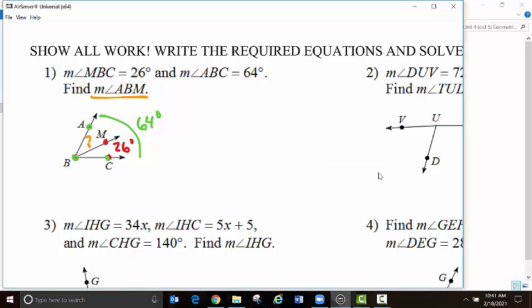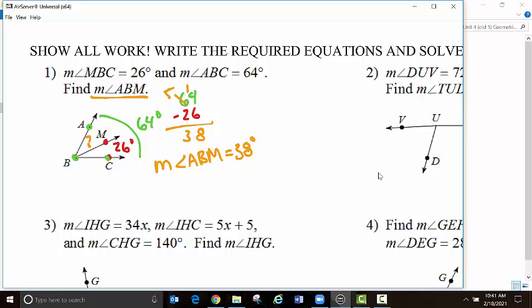Okay, we could subtract. You could say, look, the whole thing is 64 minus the red part and I'll get the orange part. So the measure of angle ABM is 38 degrees.